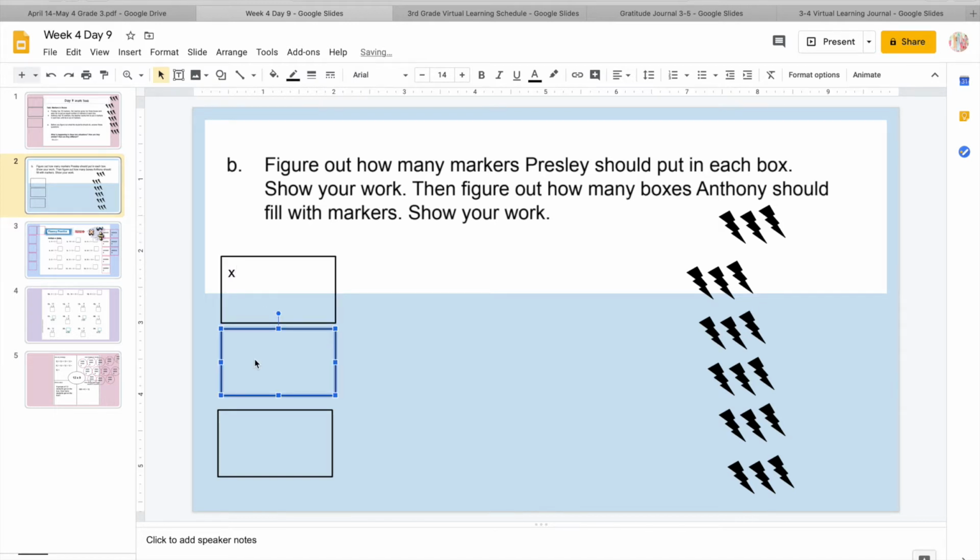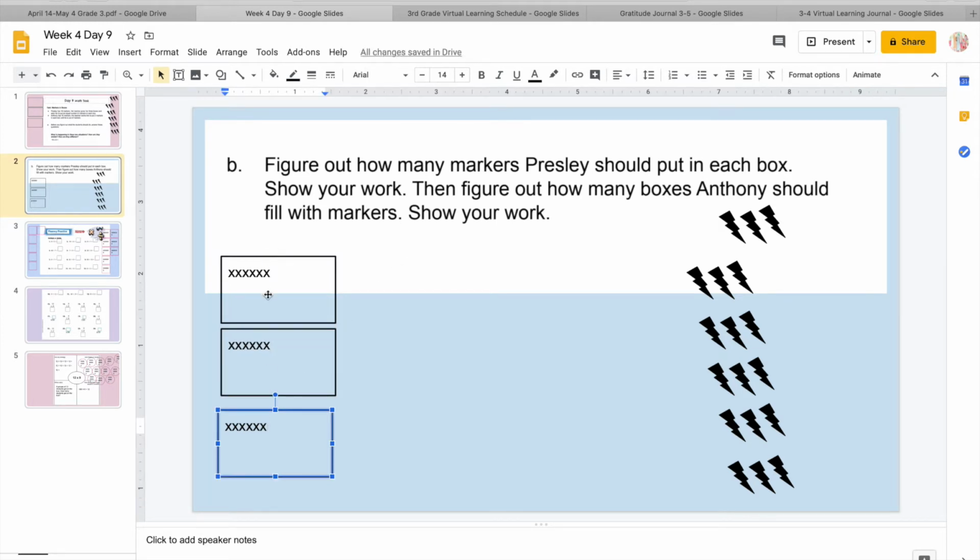So I have 1, 2, 3, 4, 5, 6, 7, 8, 9, 10, 11, 12, 13, 14, 15, 16, 17, and 18. So I know that Presley can put 1, 2, 3, 4, 5, 6 in each.